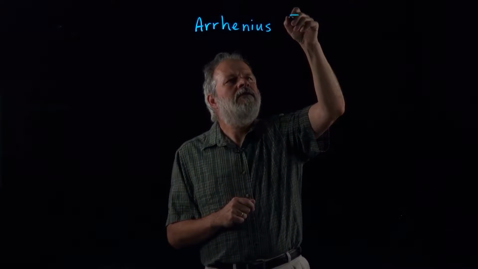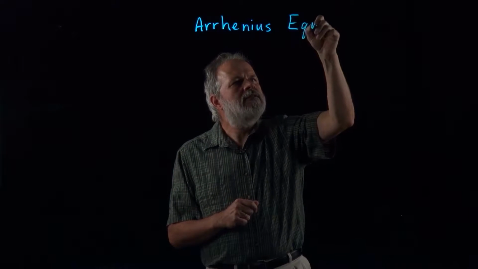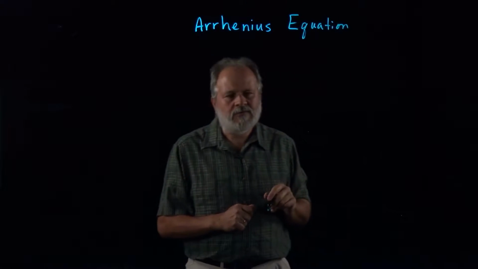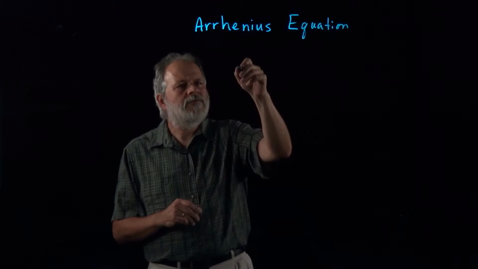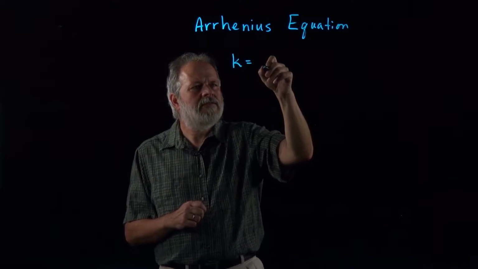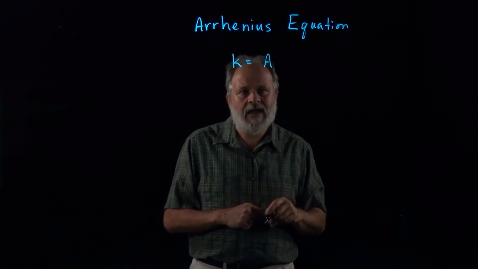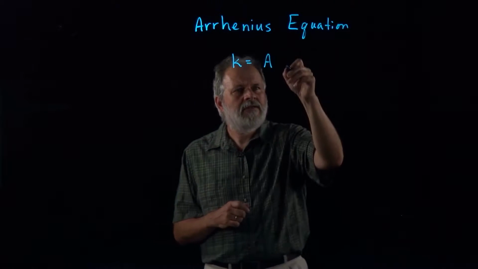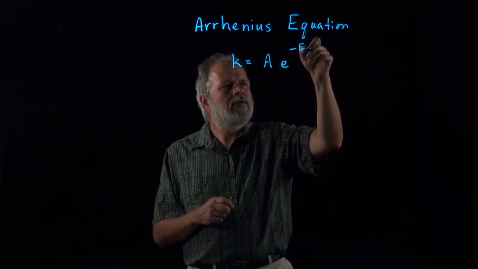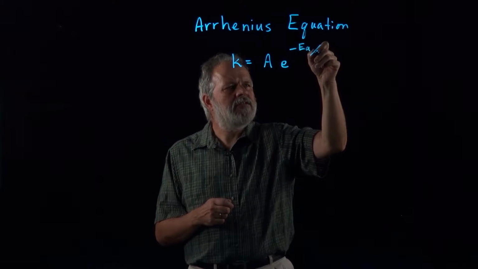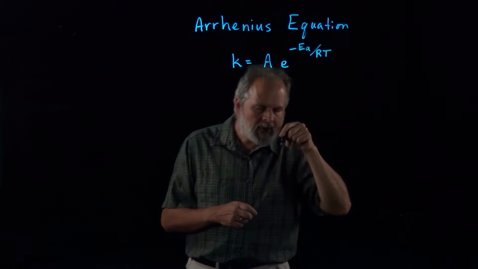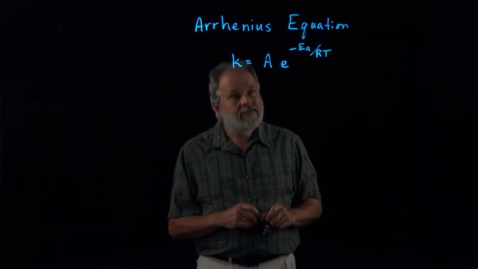But we're going to use his equation for how the rate constant depends on temperature. So one form of that is going to be that the rate constant is equal to a prefactor A, which contains the units, times an exponential minus the activation energy divided by gas law constant times the temperature.